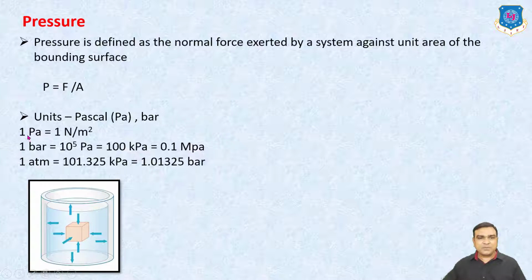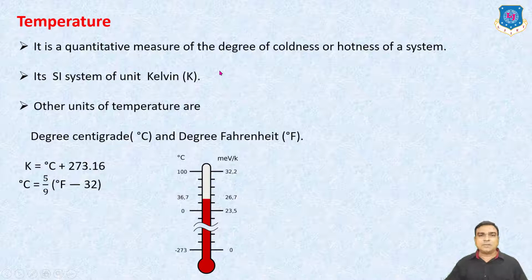The relation: 1 pascal is equal to 1 newton per meter square. 1 bar is equal to 10 raised to 5 pascals, or 100 kilopascals, or 0.1 megapascals, and 1 atmospheric pressure is 101.325 kilopascals or 1.01325 bar.